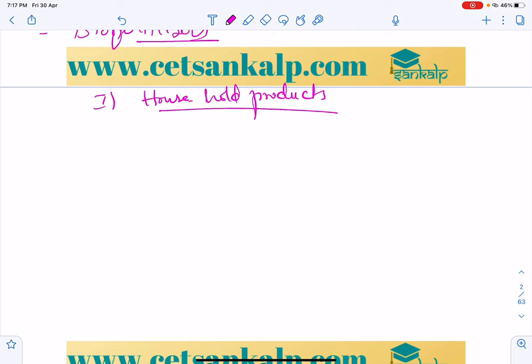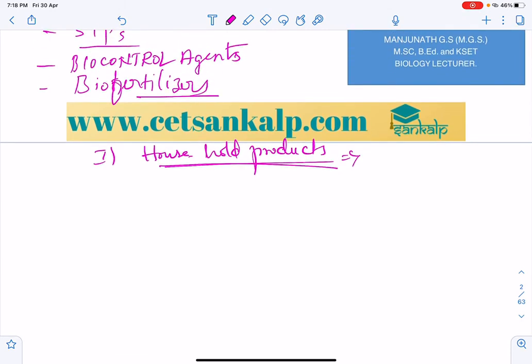Small organisms can survive anywhere on this earth, so they are cosmopolitan. They can survive in extreme conditions: snow, thermal vents, highly acidic habitats. Because of that, they play a major role, and they are not only harmful to us, they are also very much useful to us. In this we're going to take only how they are useful to us.